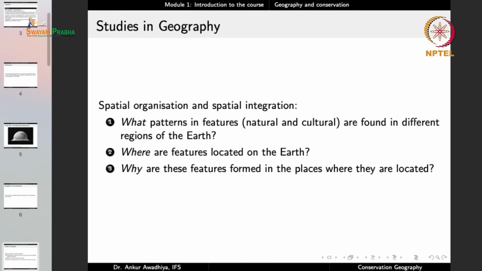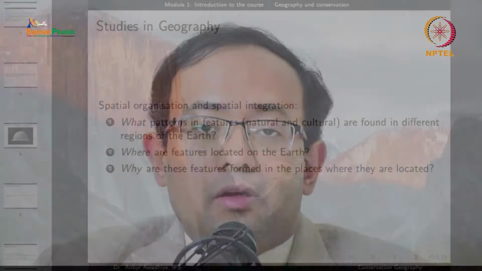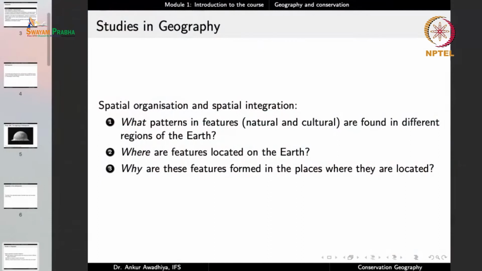So when we say that we are describing the earth, geography being the science of description of earth, we are asking what are the different patterns that are found in different regions of the earth. And these different patterns concern the natural patterns, or the patterns in natural features, and the patterns in the cultural features.